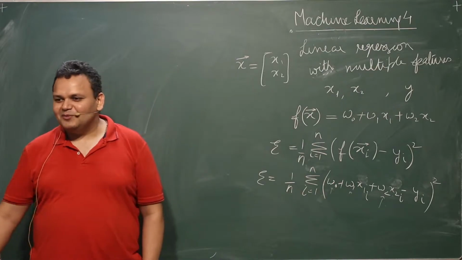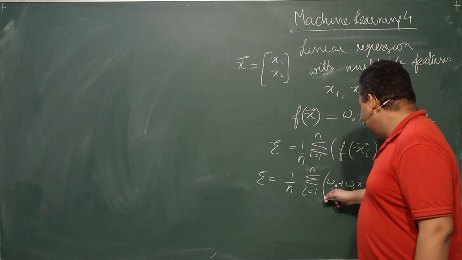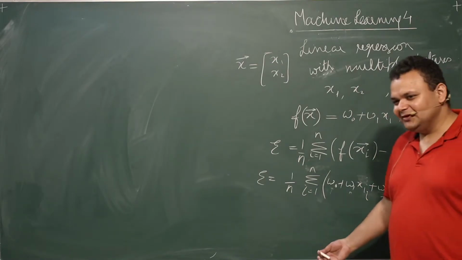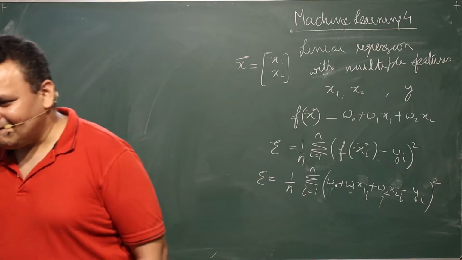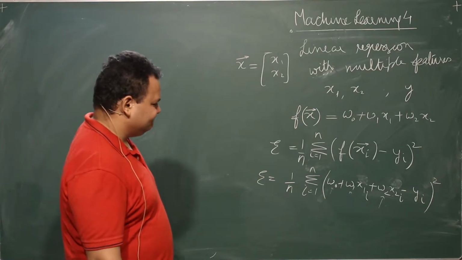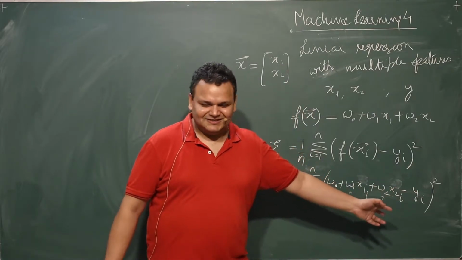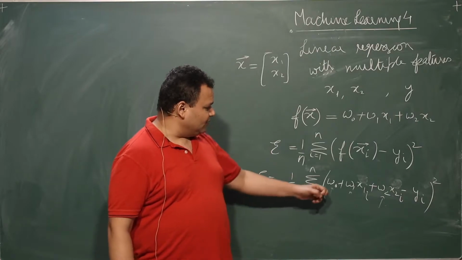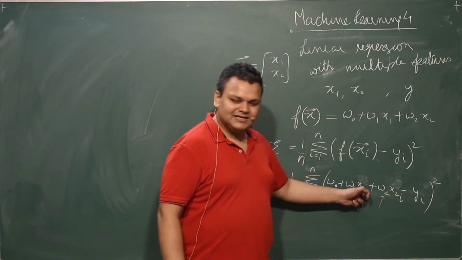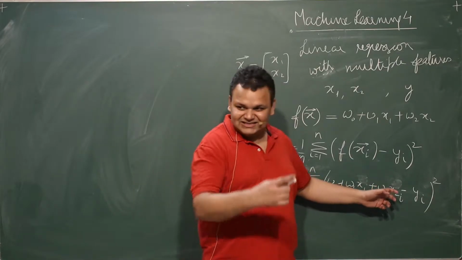So what are you going to do if you want to minimize this? You'll take derivatives with respect to w0, w1, and w2. The derivative with respect to w0 will be two times this. With respect to w1 it will be two times this times x1i, and the sum of all those.